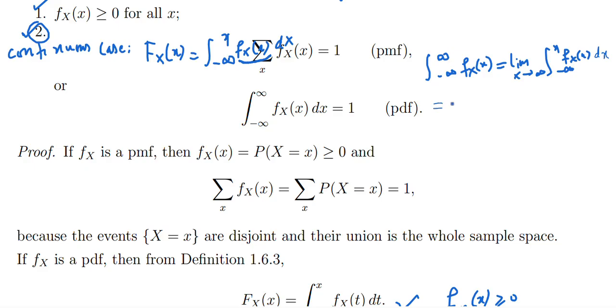And this is equal to the limit as x approaches infinity of F_X(x). And this is 1. Alright. So we are done with the forward direction. If we have the reverse direction, then what?